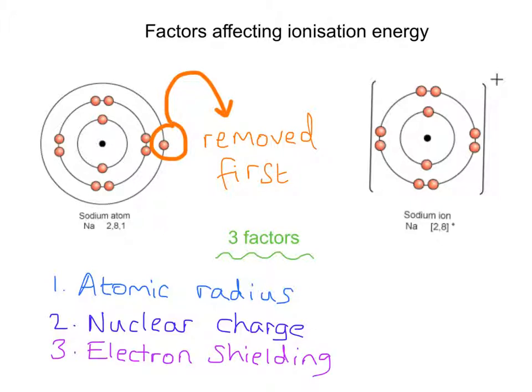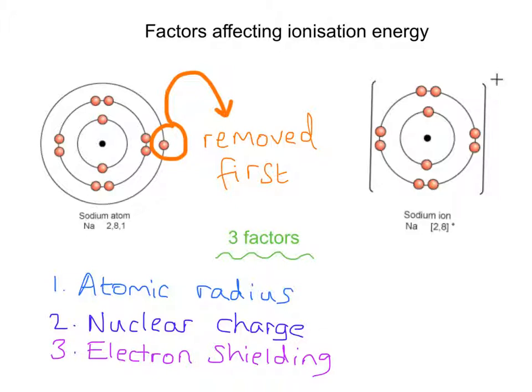The third possible factor is electron shielding, which is the repulsion between electrons in different inner shells. Shielding reduces the net attractive force from the positive nucleus on the outer shell electrons. So if we look at the sodium atom that is on the screen, there is 1 electron in the outer shell, and there are 10 electrons in total between that outer shell and the inner positive nucleus.